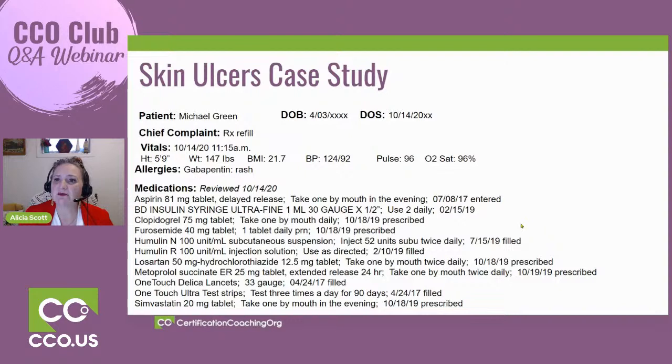Now, we see that we have a Mr. Green here, and he's coming in to see the provider for medication refill. Just so you know, they don't like for providers to put chief complaint refill of medications. That's not actually a very good chief complaint.